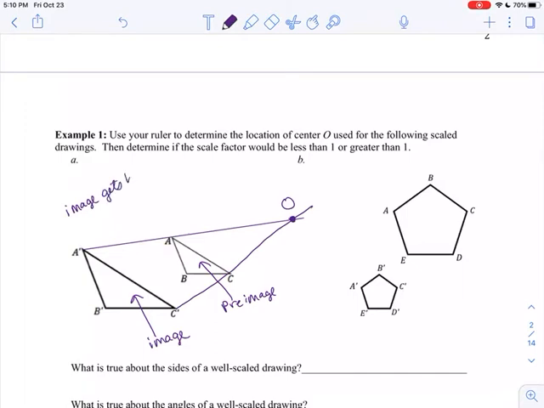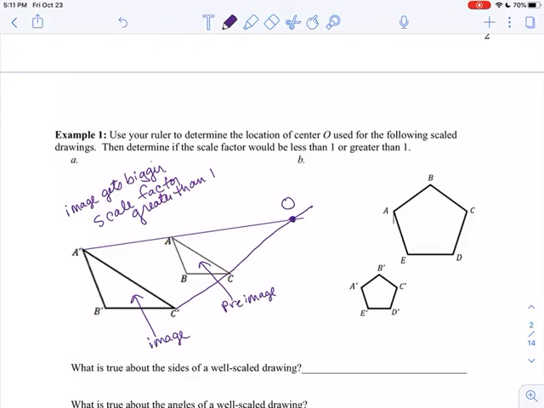If it moves further away from that point of dilation, then this would be a scale factor that is greater than 1. Image gets bigger. It moves further away from that point, then the scale factor is greater than 1.